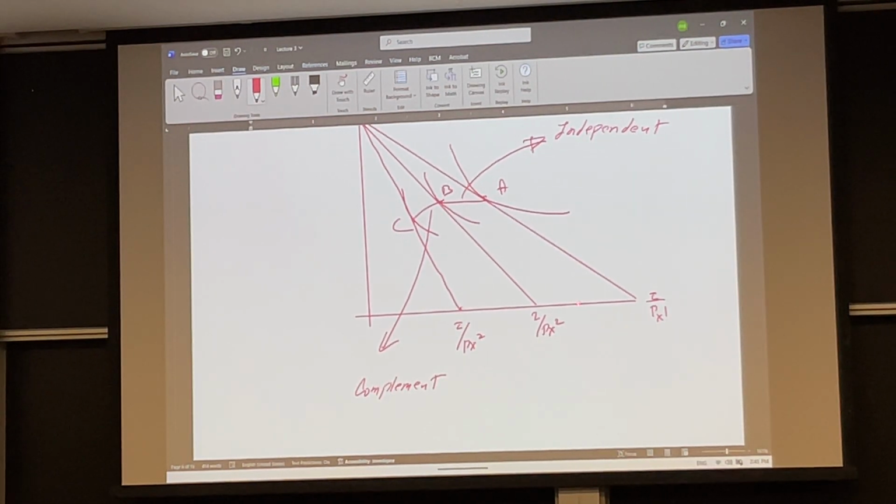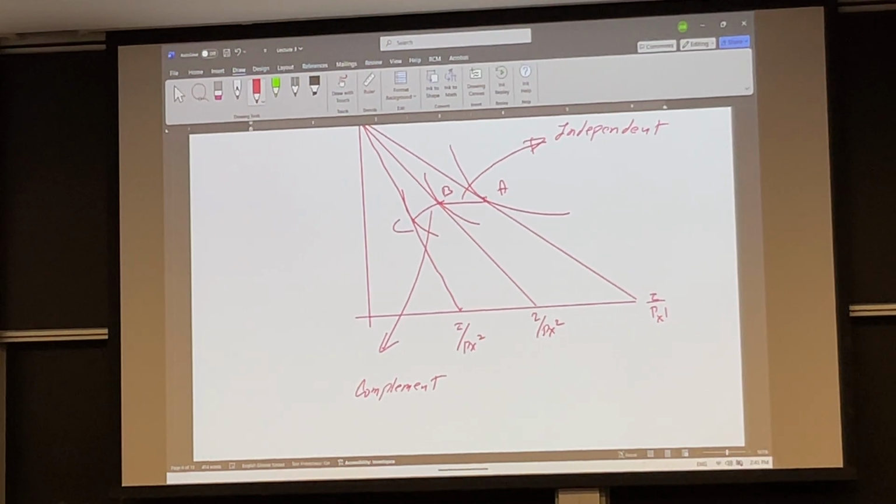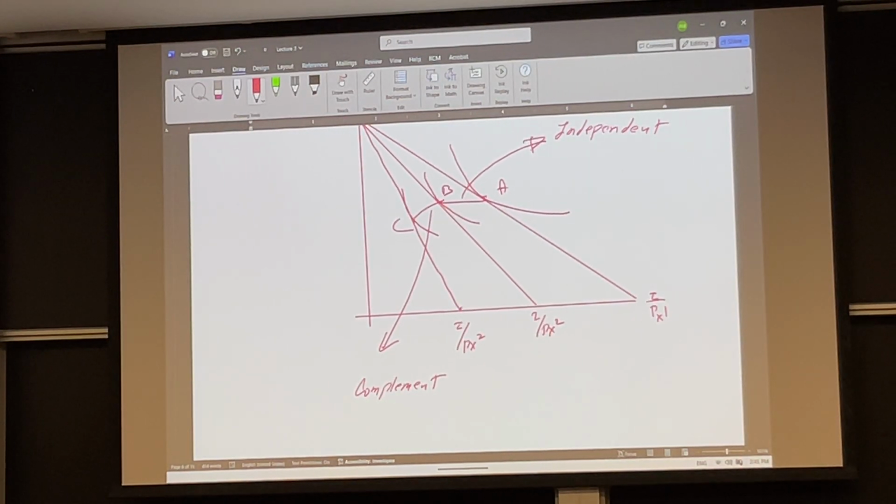Initially, when the price goes up, he just consumes less X, does not change Y, but they're independent. Then, when the price of X goes up further, he consumes less of both, they become complement. Right. So upward sloping is complement, downward sloping substitute, flat independent. Using that. Right? Flat independent, upward sloping complement. So initially, for lower prices, X and Y are independent, then they become complement. Okay?